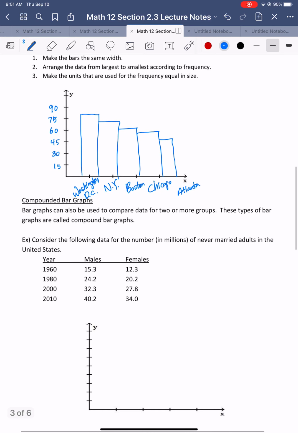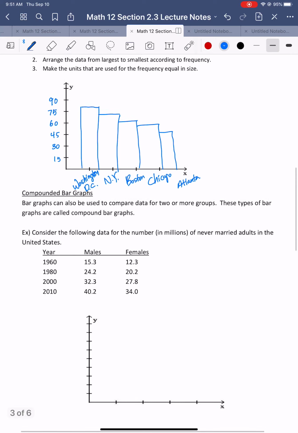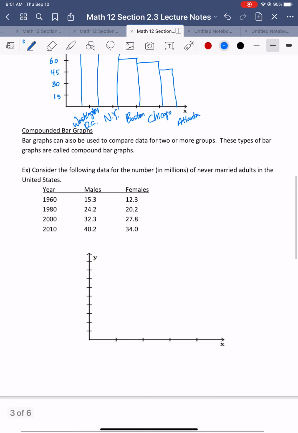A compound bar graph. Okay, a bar graph can be used to compare data for two or more groups, and these types of bar graphs are called compound bar graphs. Which means using a two-bar graph to compare two sets. So, for example, consider the following data for the number in millions of never married adults in the United States.